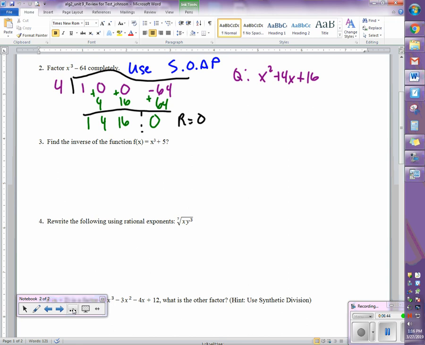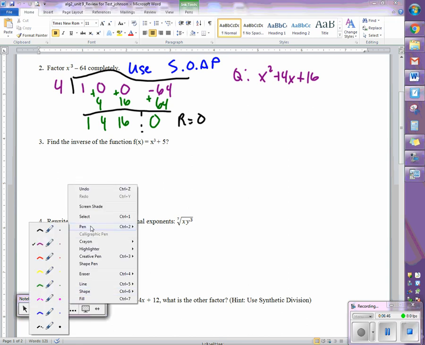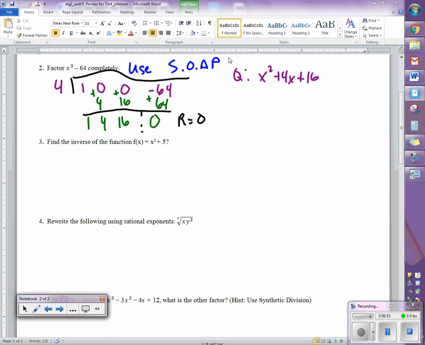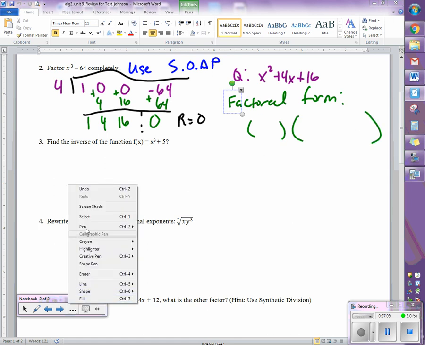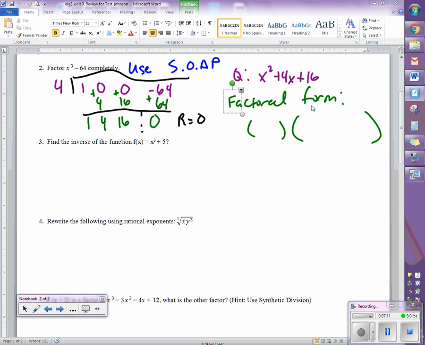Otherwise, in a different scenario, however many x-intercepts you see will be the ones that you use to write your equation. So when I write this equation in factored form, I need a small parenthesis and a large. I will put the quotient in the large parentheses, x squared plus 4x plus 16.